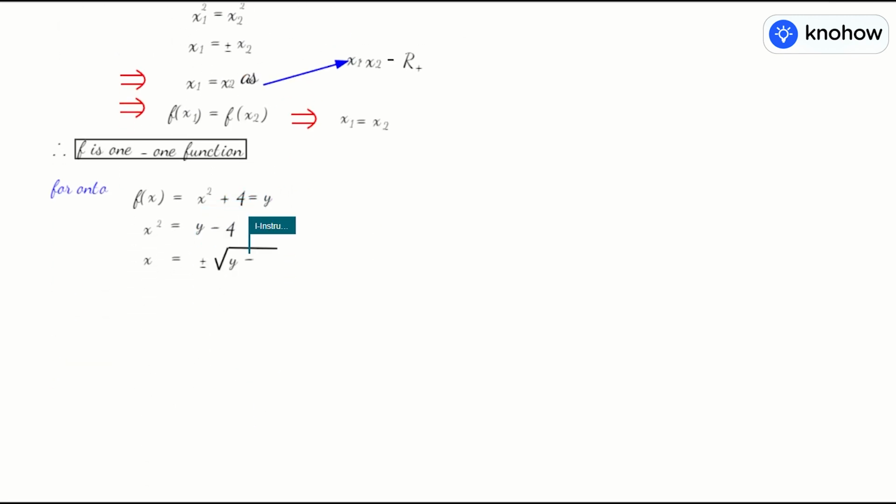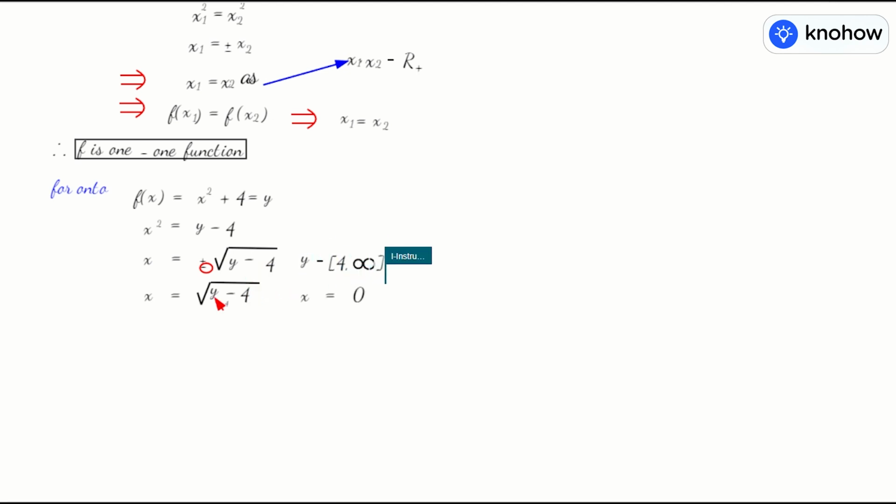But remember, x being a non-negative real number, it cannot be negative. So finally, you get x = √(y - 4). And what is the interval for y? y belongs to [4, infinity). So the minimum value of y is 4. So even if you take y = 4 here, what will be the value of x? It will be √(4 - 4) = √0.